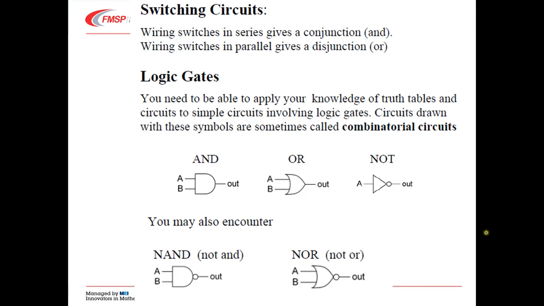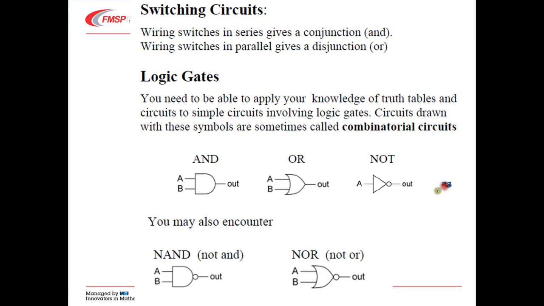Right, the next thing, the other part I suppose of this, is switching circuits and logic gates. And these questions are, in all honesty, less common, but we still need to cover one. You need to be aware of the difference between a switching circuit, which is just putting switches in series, and a combinatorial circuit, which uses these symbols for the logic gates.